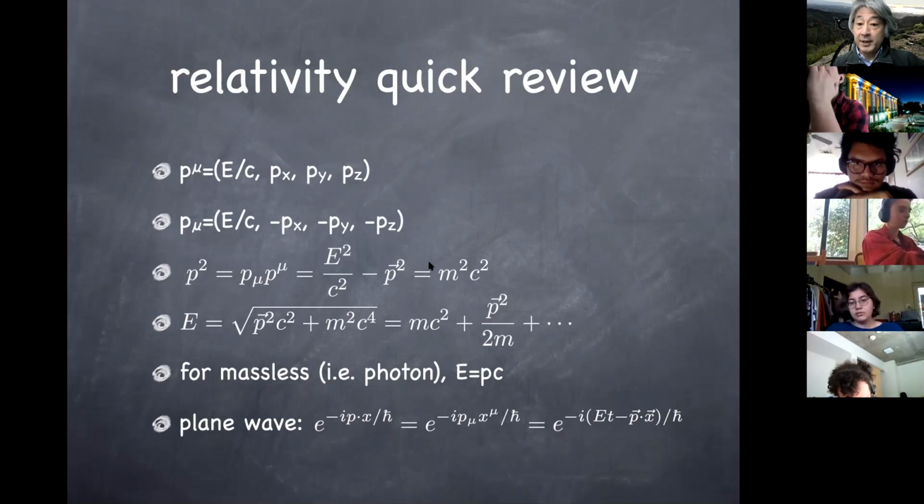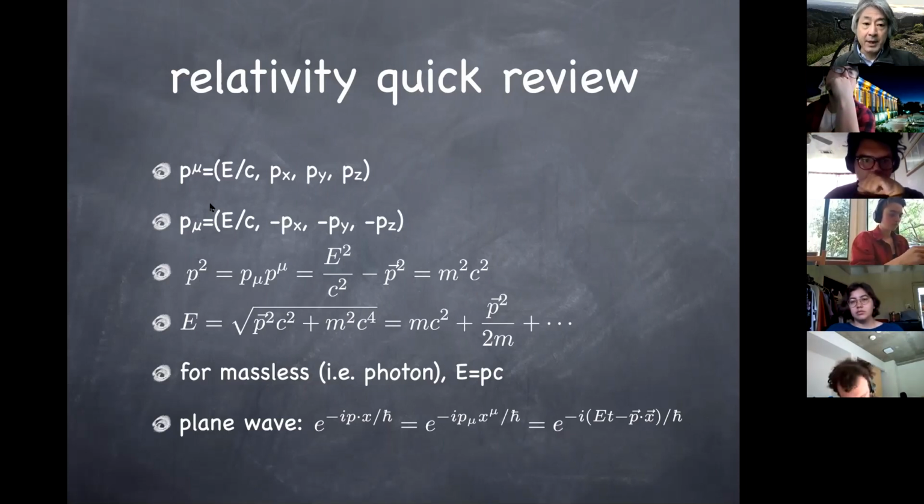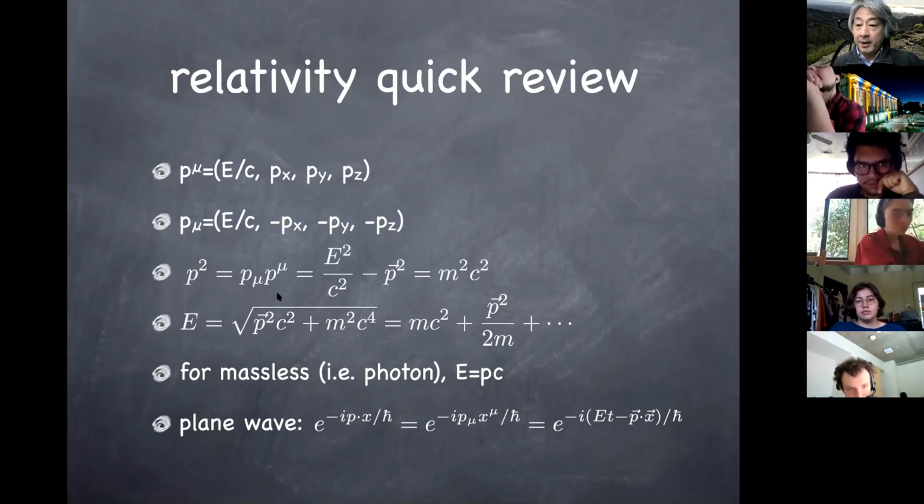This combination indeed is Lorentz invariant, namely just a constant given by the mass of the particle, m squared c squared. So this is an example: once you have some combination which is known to behave as a 4-vector, then it's easy to build an invariant which does not depend on the reference frame. Even when the particle is moving or at rest, this combination is always the same, given by the mass of the particle.